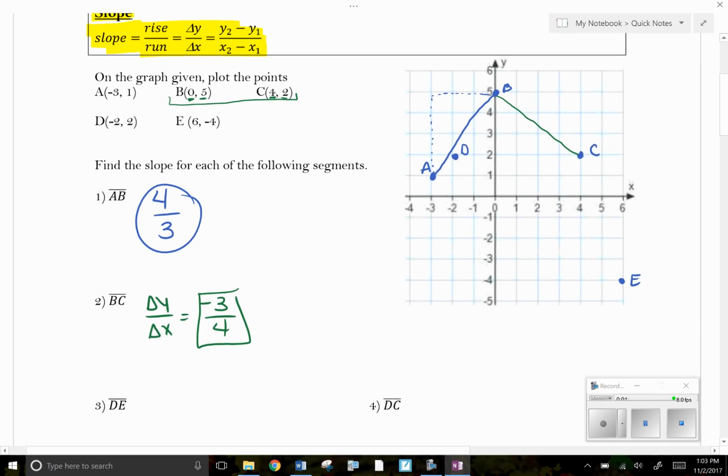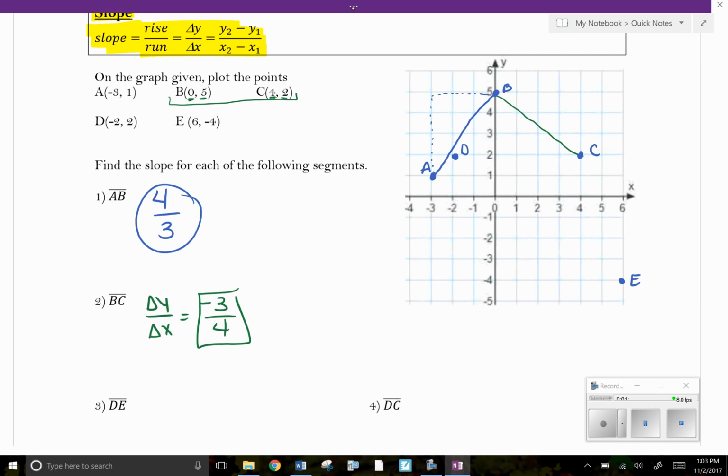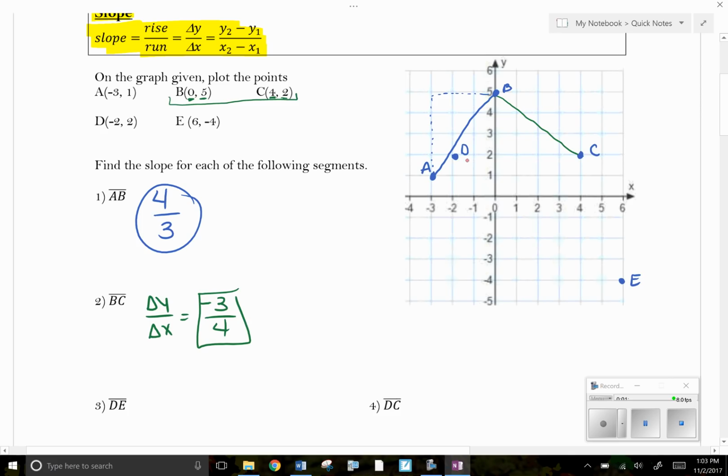Moving on, DE. All right, let's change colors again. DE is this long guy right here. All right, DE. I'm going to use the big formula now because that's a lot of counting. So I might as well use this last formula. So DE, here's x1, y1, here's x2, y2, and if I want to use the formula, again, which I don't have to, I'm just showing you all the different options.